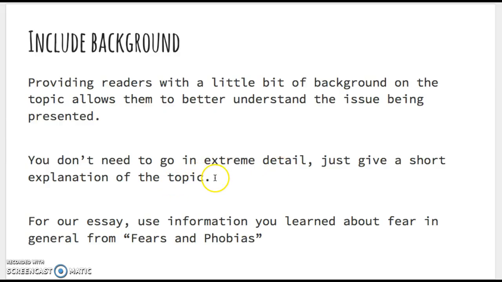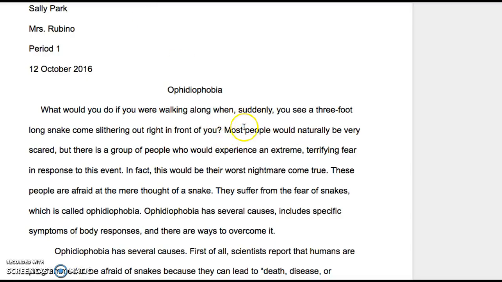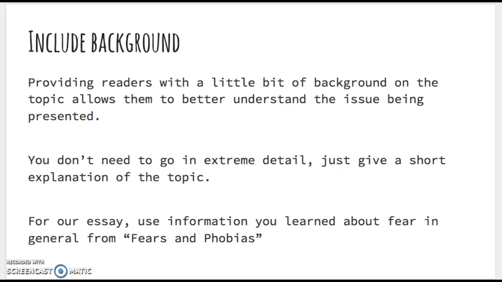So you're writing an informative essay about a fear. Your background information can answer this question, or you can talk about what fear is. If you need a little bit of support in this part, your teacher is happy to help, or you can look through Fears and Phobias in your notes and see if there is any background information about the topic of fear that would help your reader understand a little more. This is just to fill your reader in on the things that you know.